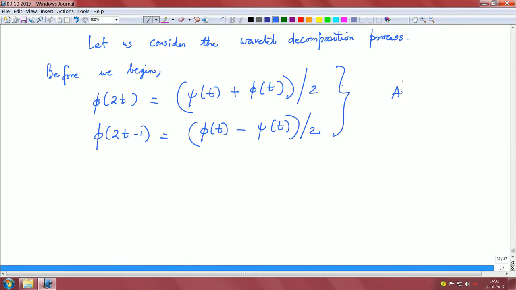Call these two relationships A, equation A. And you must also recall that psi of t is phi of 2t minus phi of 2t minus 1, right. You translate it and you flip it, you get the wavelet. It is intuitive. So, now with this, let us start understanding how the decomposition process works through an example.